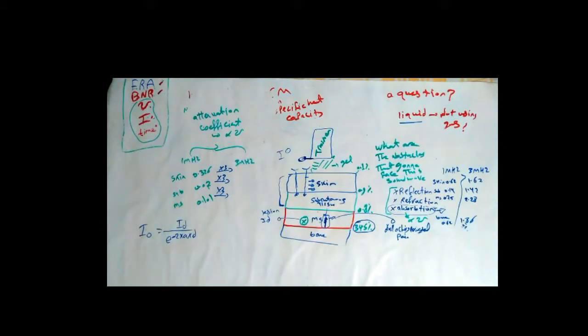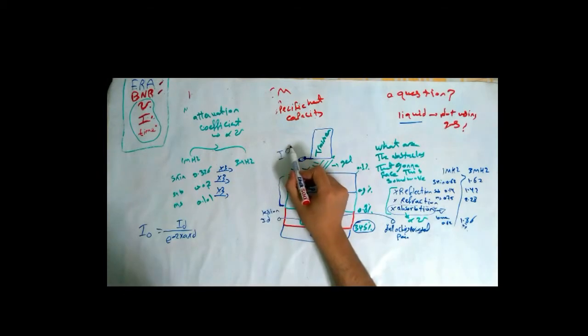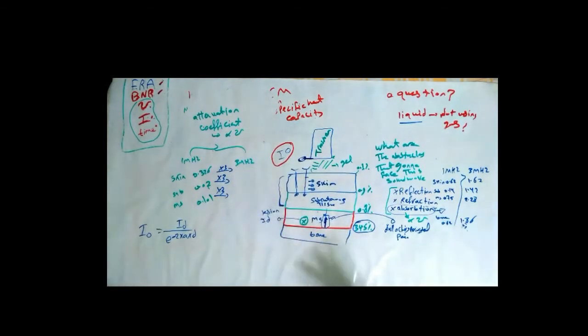This means that if I want to calculate the intensity at the ultrasound device, I must first know what intensity I need at the lesion site, and this depends on the stage of the lesion. If it is an acute lesion, I can choose from 0.1 to 0.3 watt per centimeter square at the lesion site. If it is a subacute lesion, I can take from 0.2 to 0.5 watt per centimeter square. And in a chronic lesion, I can choose from 0.5 to 1 watt per centimeter square.